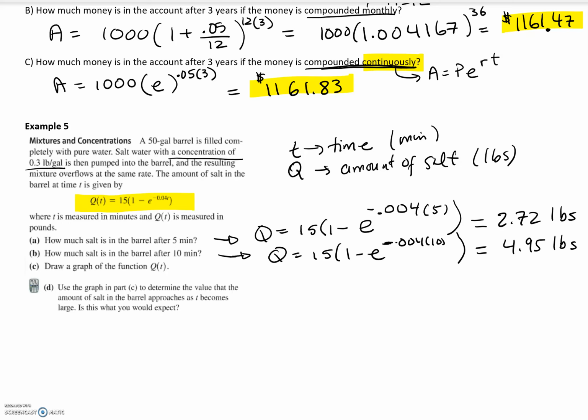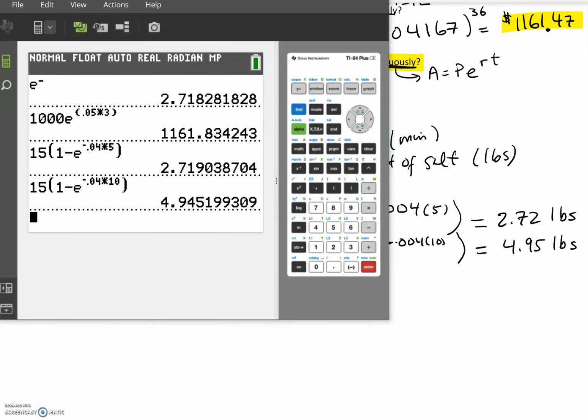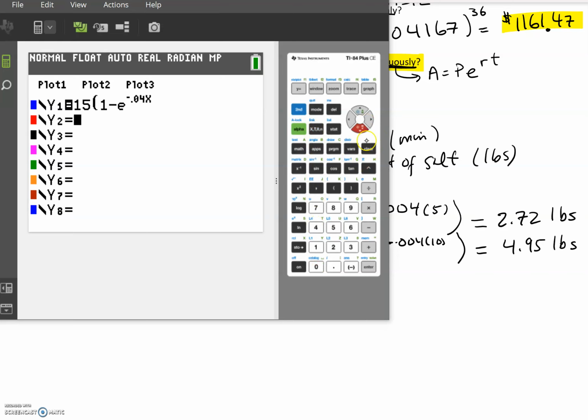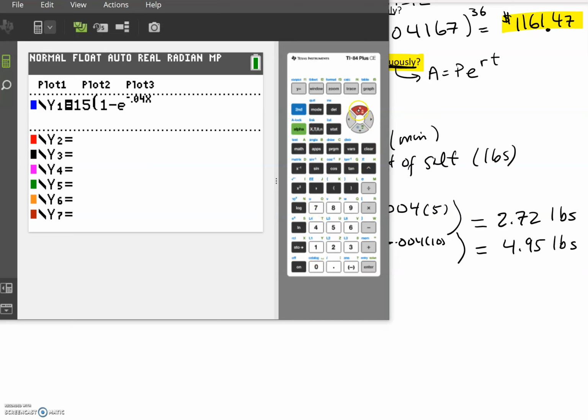Part C says, draw a graph. So we're going to look at our TI and input that exponential function to see what the graph looks like. I have 15 parentheses 1 minus second ln, which gives me e to the negative 0.04x, and close the parentheses.